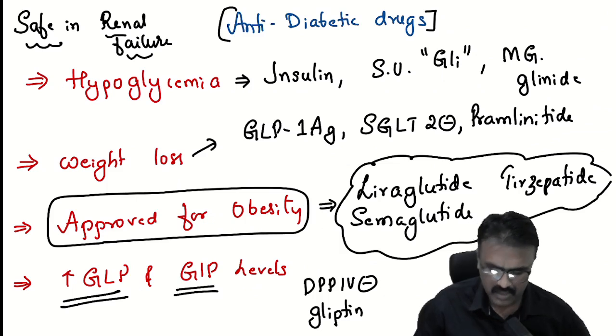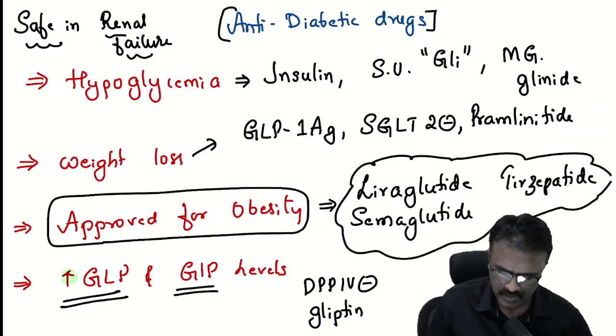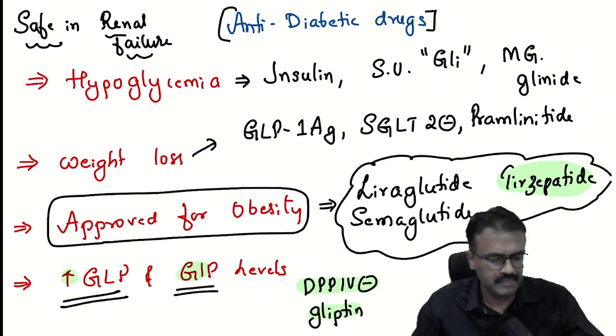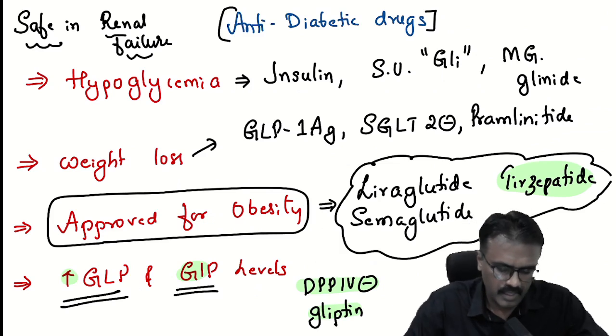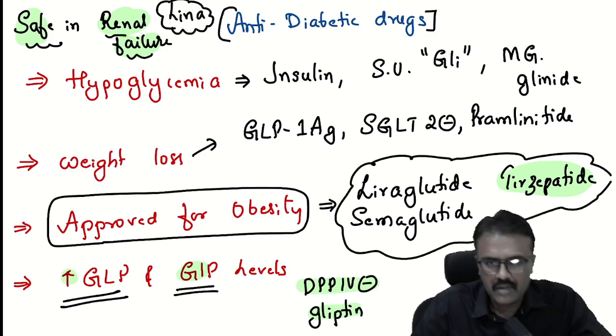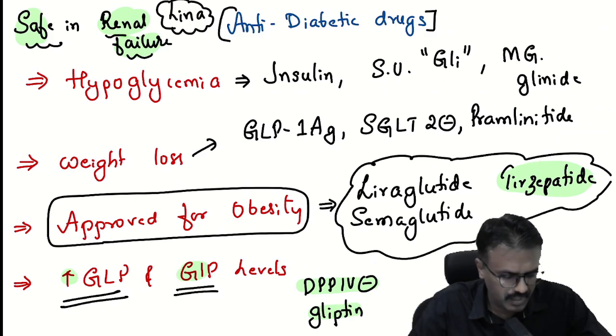It's an agonist. But what drugs will increase this level if they ask you? The DPP-4 inhibitors will increase the level. Tirzepatide is a GLP and GIP agonist. Very good. Which gliptin is safe in renal failure? The gliptin safe in renal failure is linagliptin. So Lina has to be taken in renal failure. Linagliptin safe.